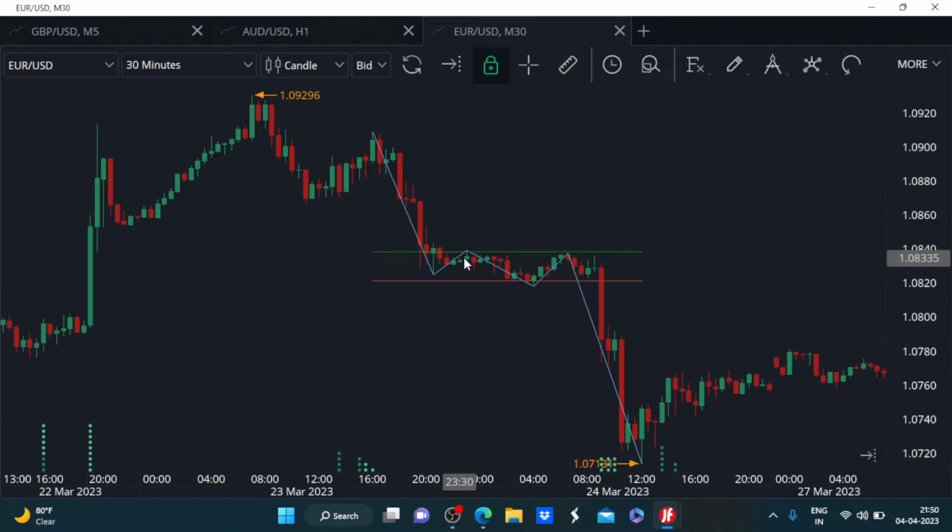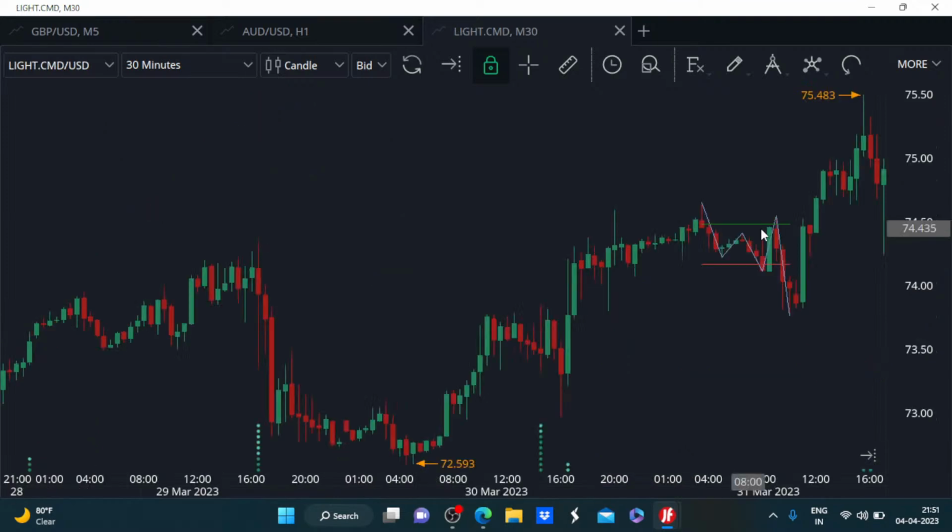Let's consider the case of light crude oil. Okay, here we are getting one example. You could have tried to short sell it whenever you saw it struggling closer to the higher levels of around 74.5, and that would have brought in decent money.